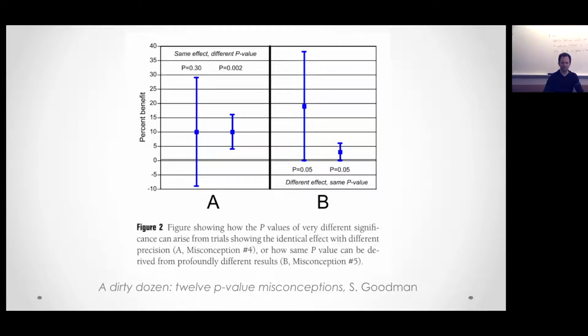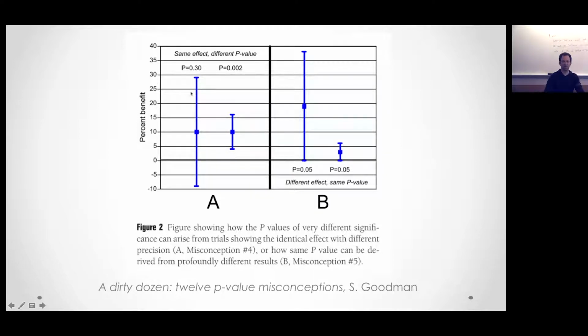So that's this case here, right? Different effect, same p-value. So the percent benefit, let's say they're medical trials, right? These both have the same p-value of 0.05, but this is a 2% difference and this is a 20% difference. Right? So the p-value does not measure the effect size.